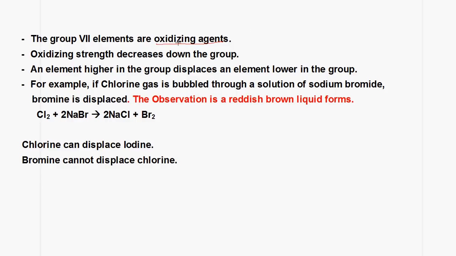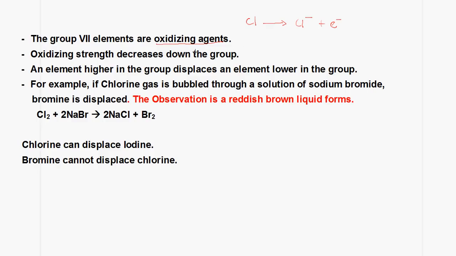So let's say chlorine. Chlorine is able to form the chloride ion, but an electron is gained in the process. Right?